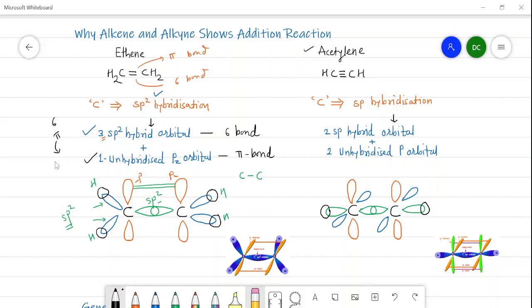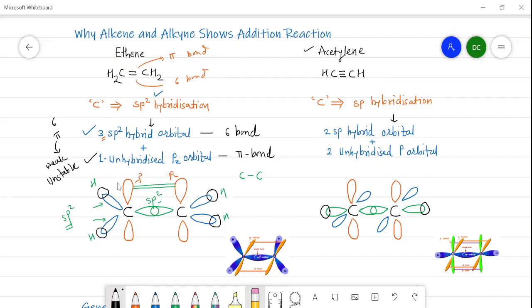Now we know that among sigma bonds and pi bonds, the pi bonds are weak and unstable. These pi bonds are loosely held by the carbon nuclei, therefore they are available for bonding.